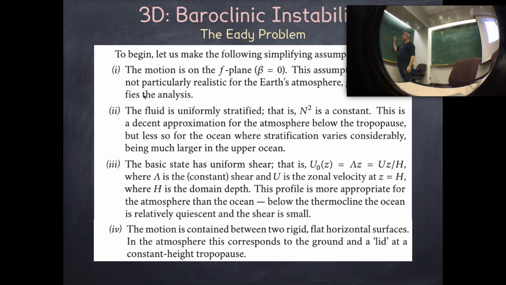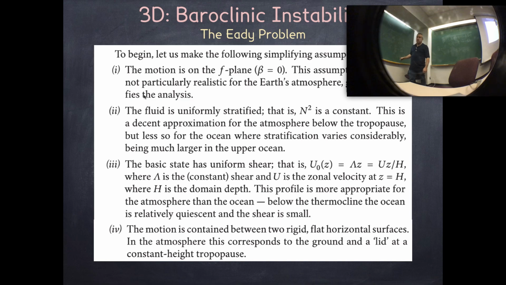And because of thermal wind, du/dz equals basically M squared over f, it means that the shear is also constant everywhere. Does that make sense to everybody?